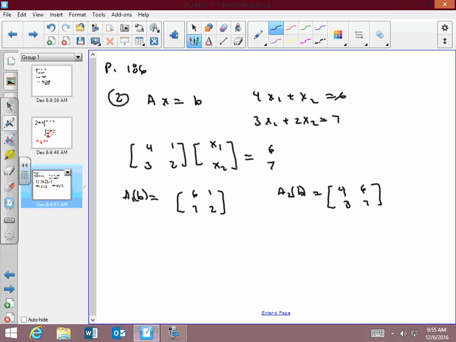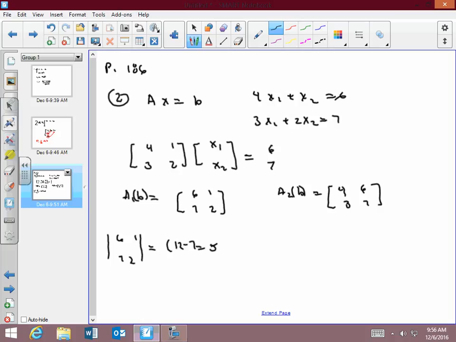So I do the determinant of 6, 1, 7, 2. It's going to be 12 minus 7. So that's 5.